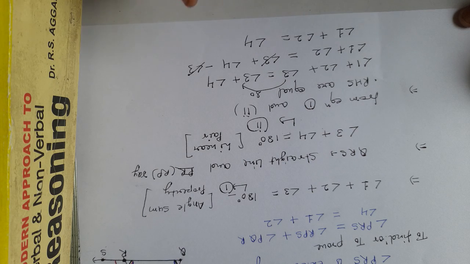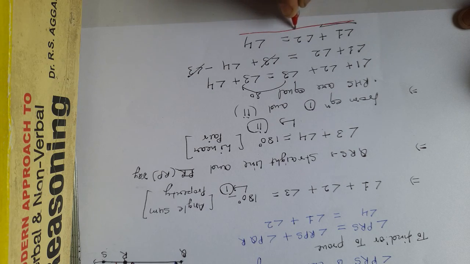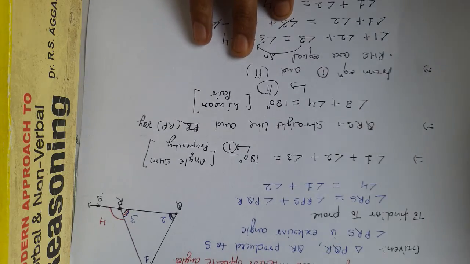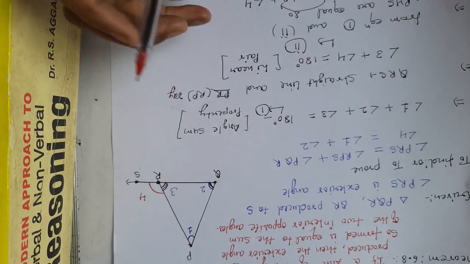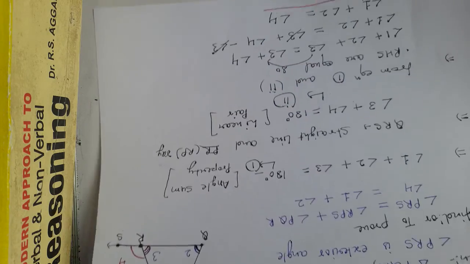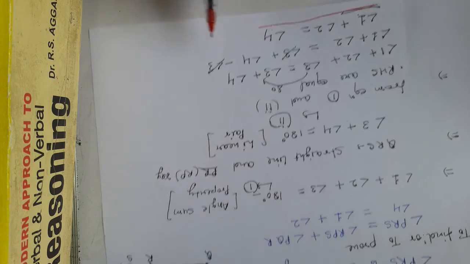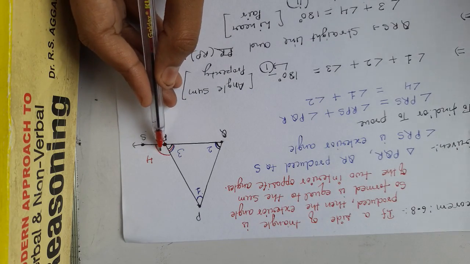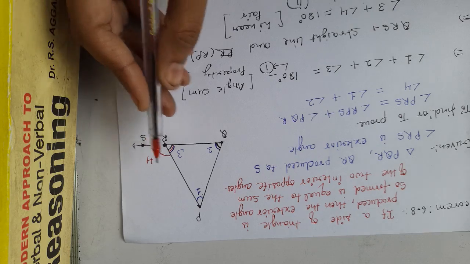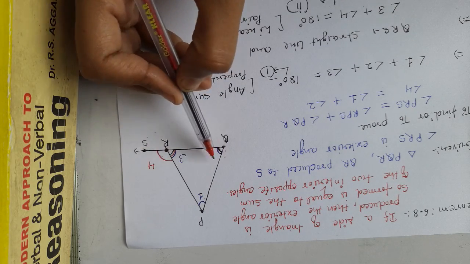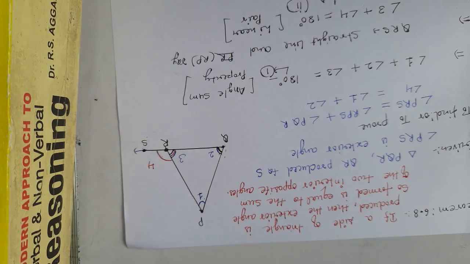We got our answer. You can see in this figure, angle 1 plus angle 2 is equal to angle 4. So the exterior angle 4 is equal to the sum of these two interior angles.